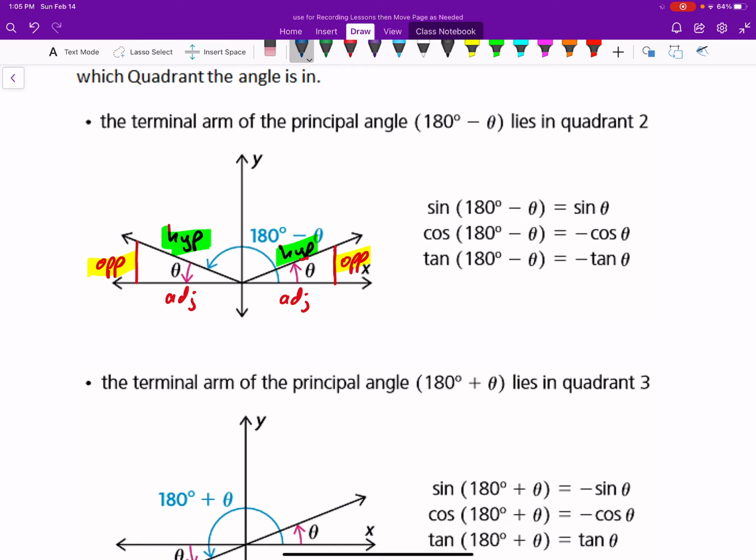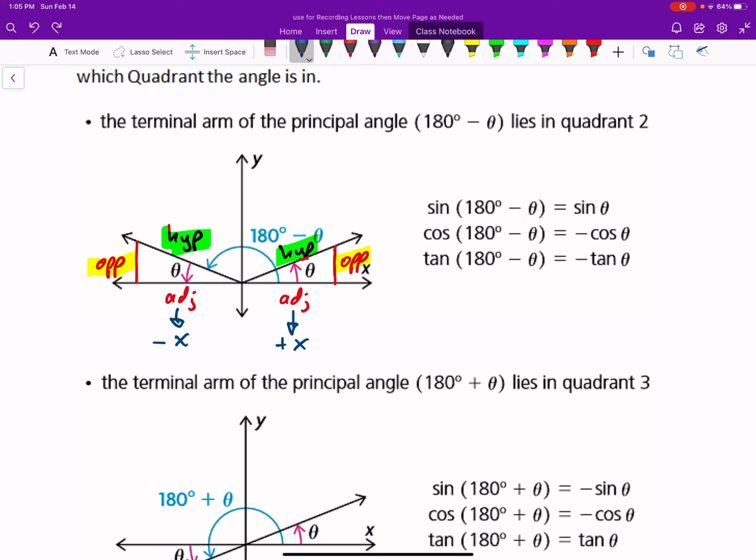However, the adjacent side, this one's measured on the negative x-axis, whereas in this quadrant over here, it's the positive x-axis. So what this is trying to say is that sine theta, which would be measured over in this quadrant here, is going to be the same as sine 180 minus theta, which is this triangle over here, because of what I was just saying, how the opposite and the hypotenuse are the same in those two triangles I just finished circling.